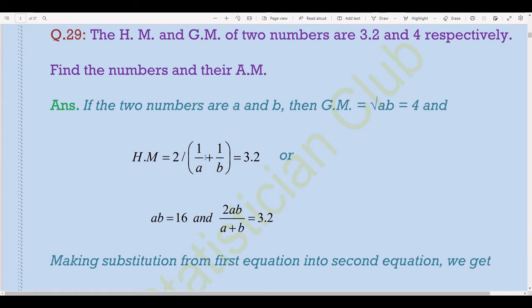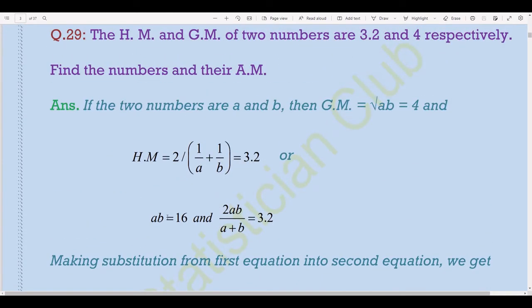So n is 2 because we have two numbers. So 2 over 1 over a plus 1 over b, where the first number in general form is a and the second number is b. By taking LCM ab and after simplification we get 2ab over a plus b. After inverting, 2ab over a plus b is equal to 3.2.